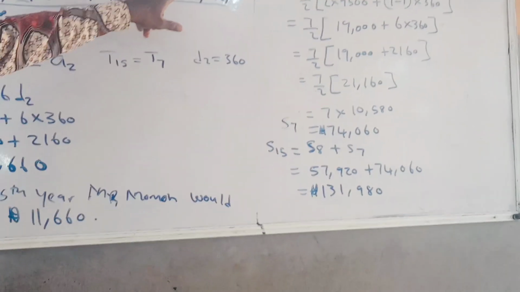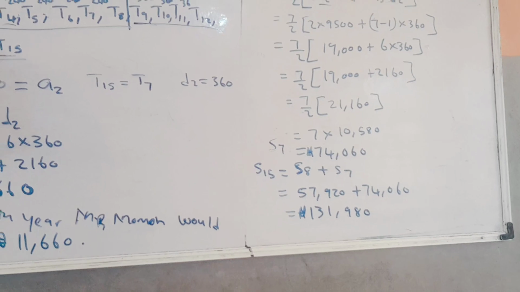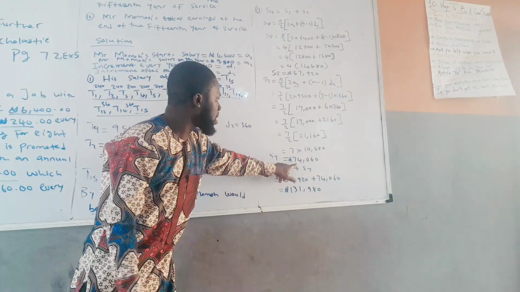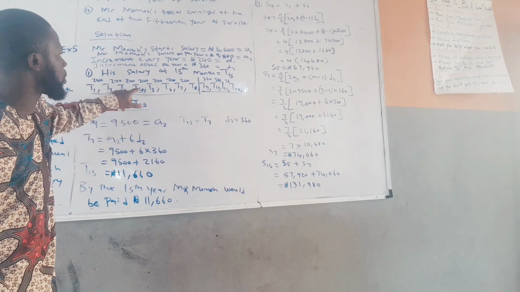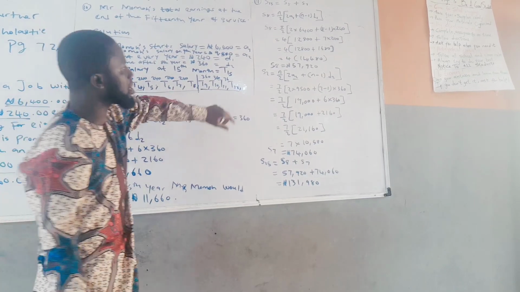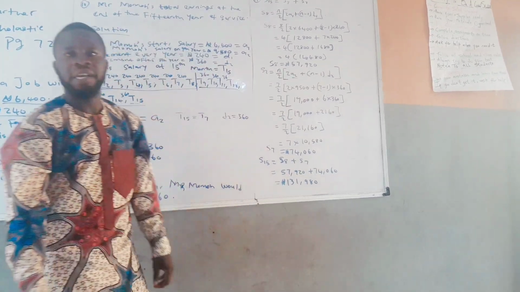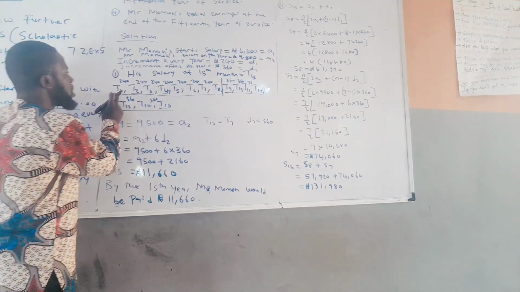That is T9 plus T10 plus T11 plus T12 plus T13 plus T14 plus T15 is equal to 74,060. And T1 plus T2 plus T3 plus T4 plus T5 plus T6 plus T7 plus T8 is 57,920. What we are asked is to find the summation of T1 to T15.